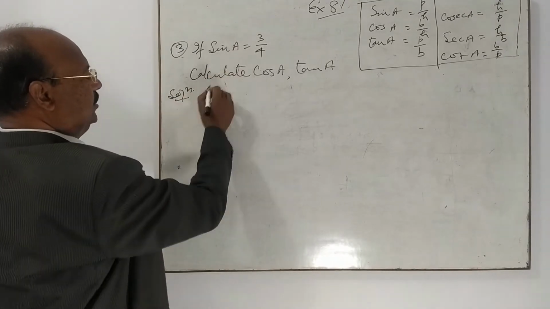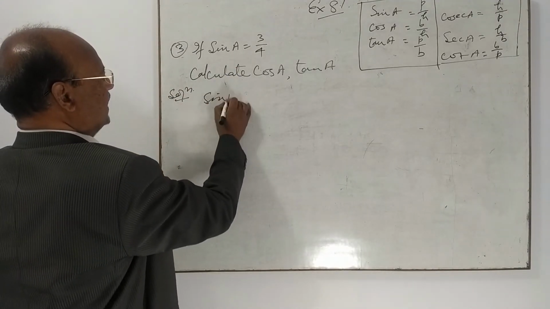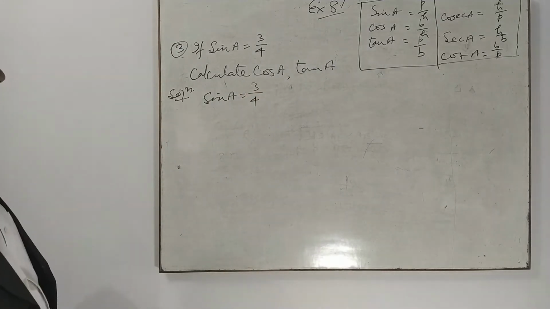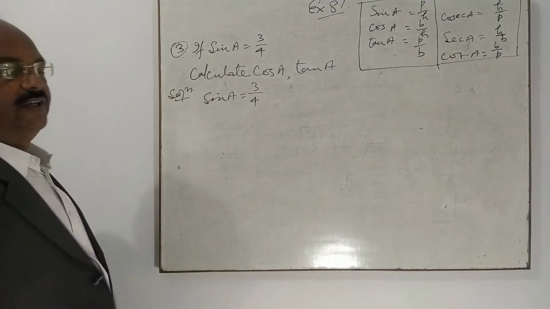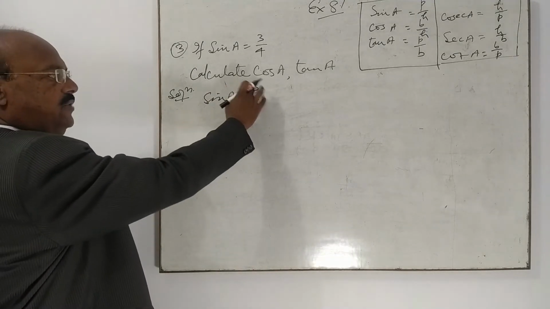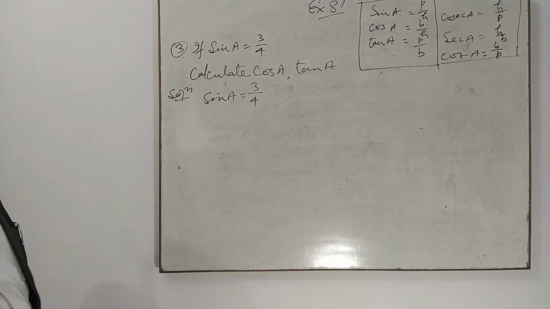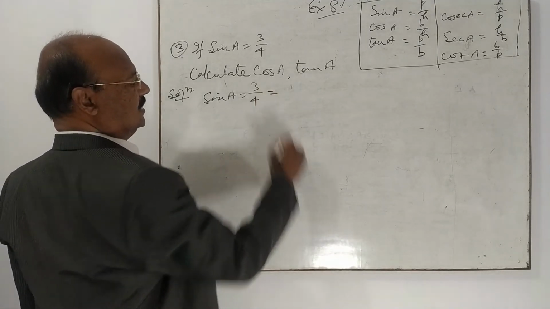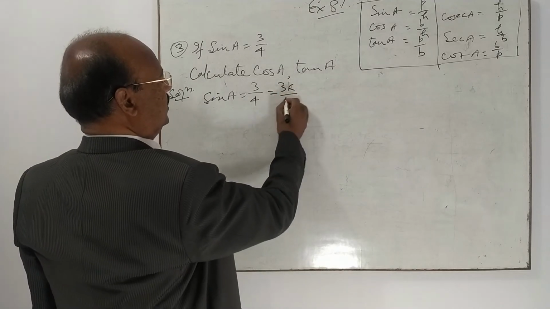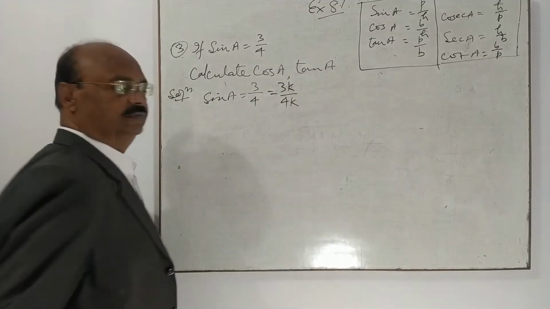In this solution, you see sine A is given as 3 by 4, which means only the ratio of two sides. Actually, this is not the actual length of the sides. This is a ratio. So, for the sake of convenience, we can write this as 3k by 4k.